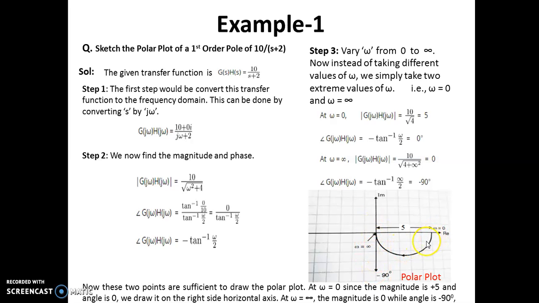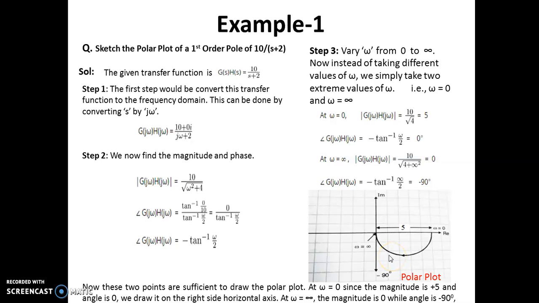So this curve passes through these points, like a semicircle. Just draw the curve and we get the complete polar plot of the given transfer function.